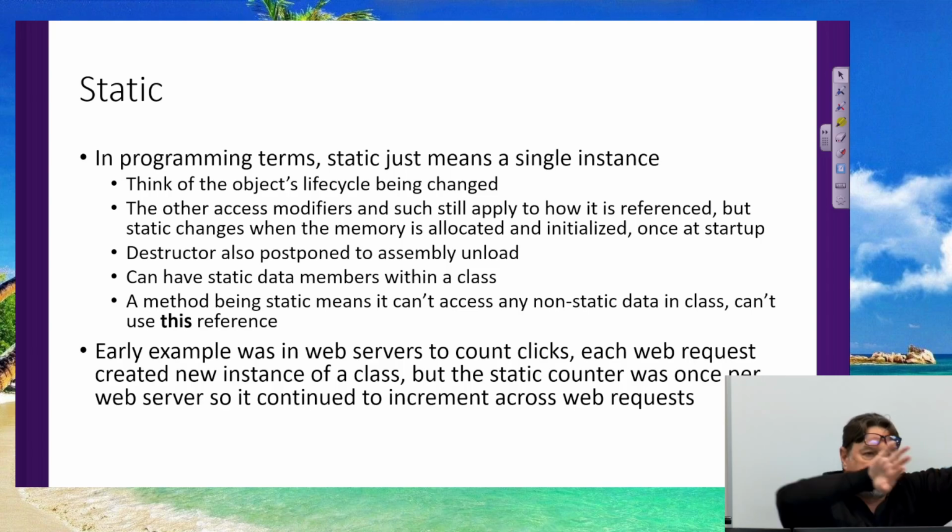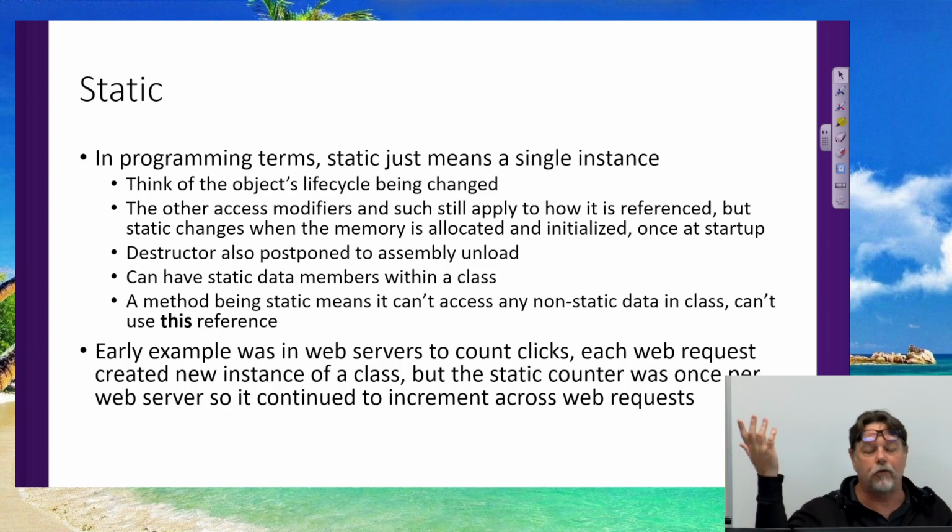So you split the object in two. So now we say, how much memory do we allocate when I create a new request object? Now it's not so simple as just adding up all of the variables in the object. You have to add up all the non-static variables in the object, because the static ones were allocated and initialized when the assembly was loaded, when the web server started, in other words.